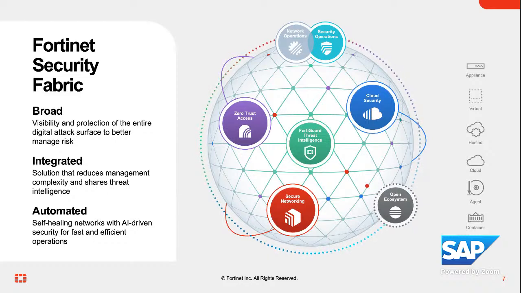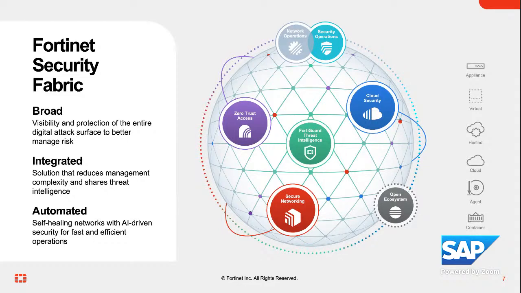So, for example, for network operations or security operations, for cloud security, or even for secure networking, which we as a company are actually converging, right? Networking and security. So we are the driver of converging these technology trends.